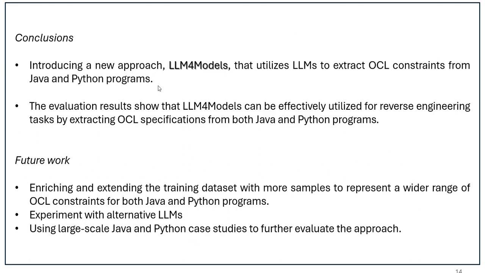Our contribution is to produce an LLM-based approach for reverse engineering, producing specifications from code, and we've shown that this can produce benefits, in particular over an untrained LLM that has broad programming knowledge, but doesn't have the precise rules to produce a useful specification.